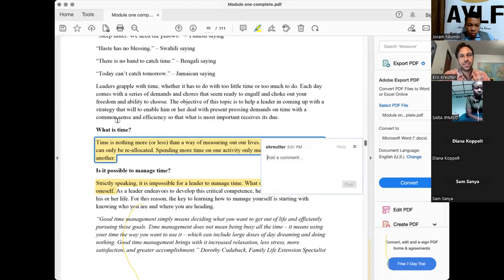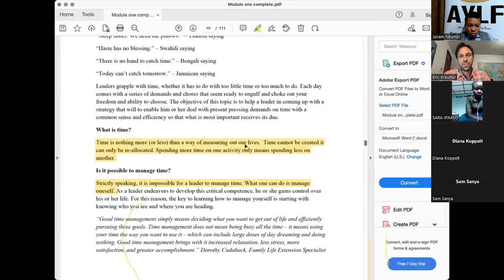This thing here says that time is nothing more than a way of measuring our lives. Time cannot be created, it can only be reallocated. Spending more time on one activity means spending less on another.